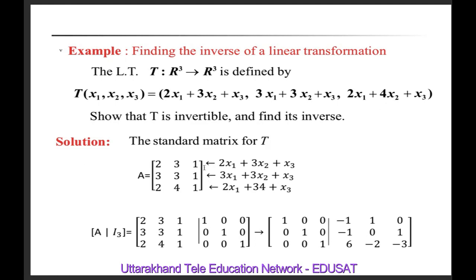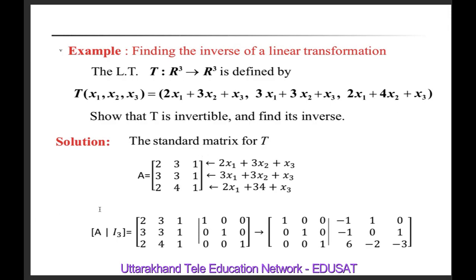So it will be 2, 3, 1, 3, 3, 1, 2, 4, 1, because the coefficients here are 2, 3, 1. Here we have 3, 3 and 1. Here we have 2, 4 and 1.